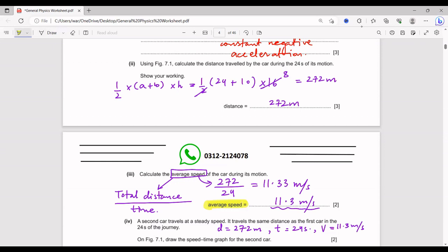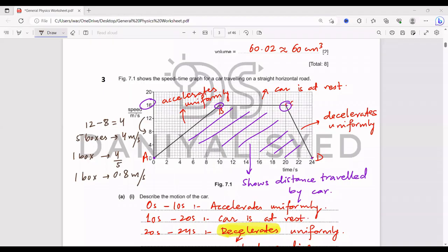The examiner asks you to draw a speed time graph for the second car. So students, one box is equal to 0.8.